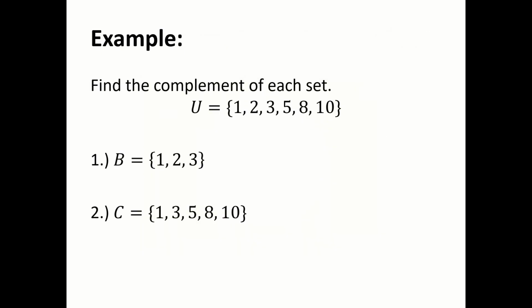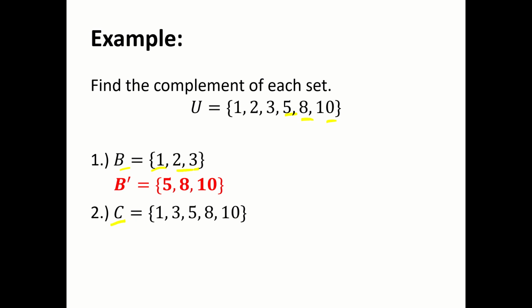So when we try to find the complement of each set, for example, set B, we have elements 1, 2, and 3. You're looking for the elements that are in U, in the universal set, which are 5, 8, and 10. So this is how we write our final answer: the complement of B, containing the elements 5, 8, and 10. How about for C?